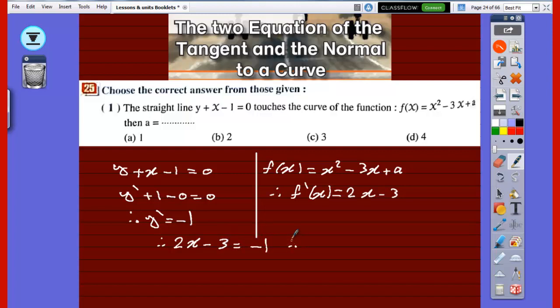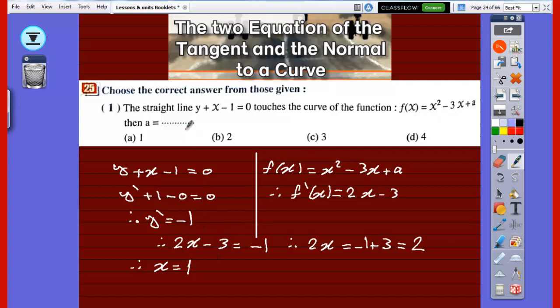And then 2x equals negative 1 plus 3, which equals 2. So x equals 1. x equals 1 is the point of tangency between the straight line and the curve.